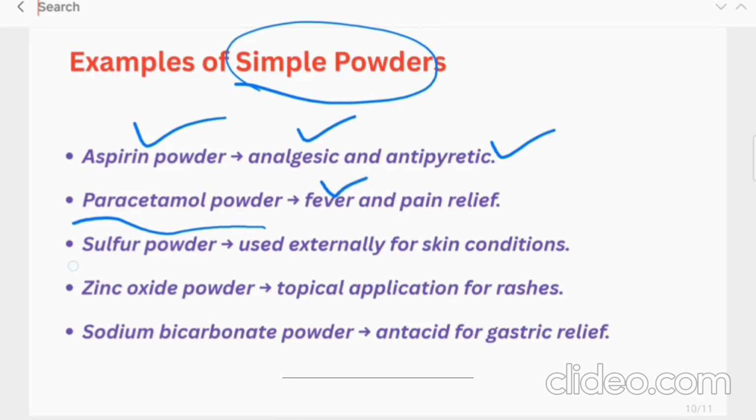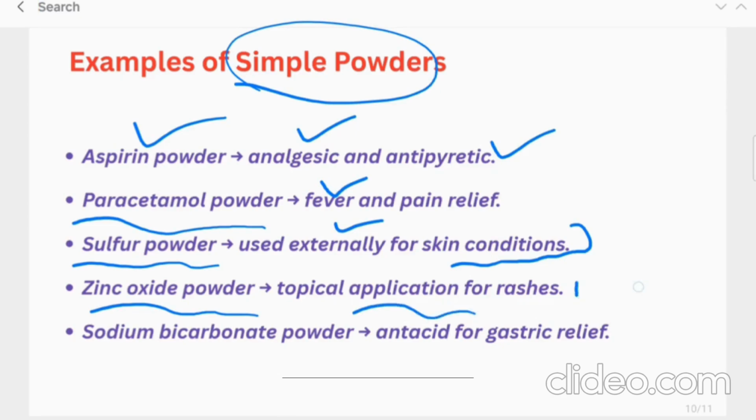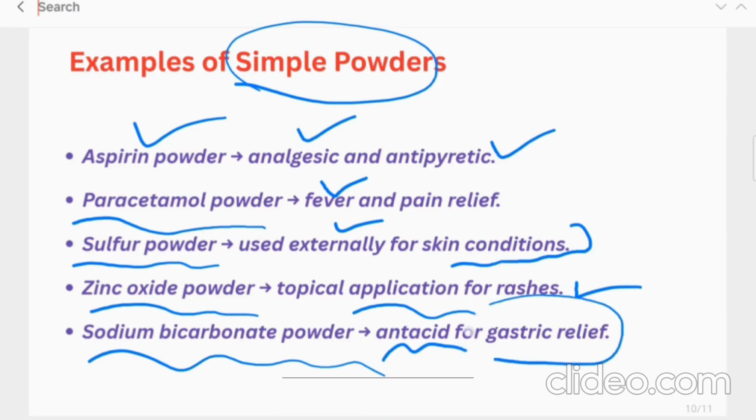Then sulfur powder, which is used externally for many skin problems. Then zinc oxide powder, which is also used for topical application in case of rashes. Then sodium bicarbonate, which is used as an antacid in case of hyperacidity or for gastric relief.